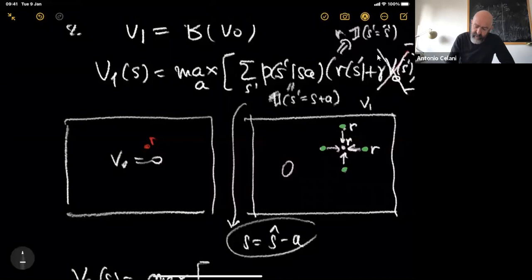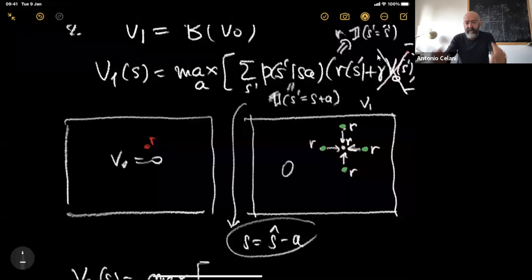This will be R, this will be R, this will be R, and this will be R. After my first iteration, around my target I will get R. This is clear because at the first step, before reaching the target, and from that point on you just get the final reward and then nothing else happens later. If you think in time, this will just get the reward at the next point.